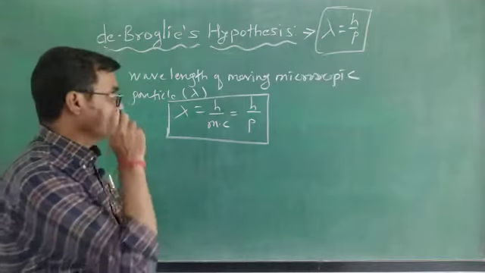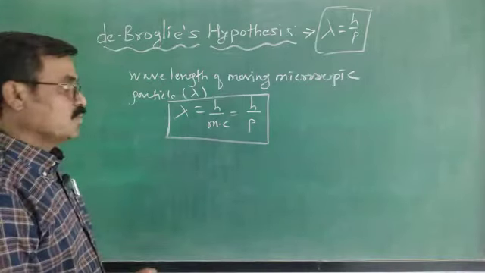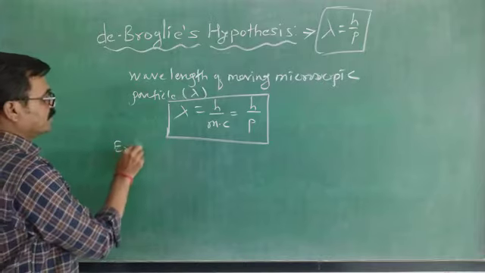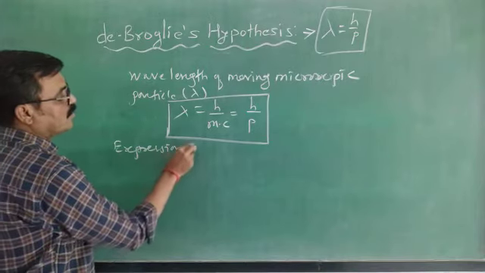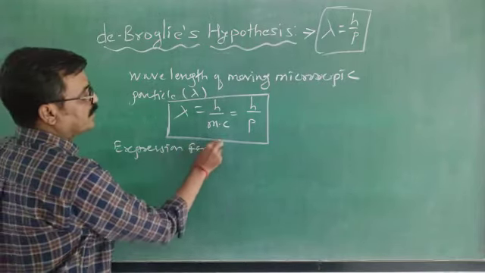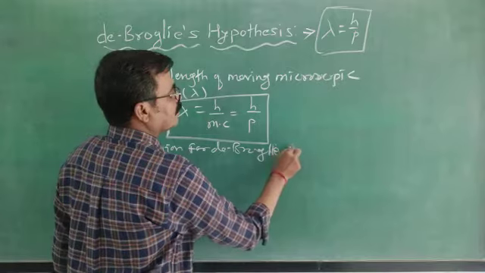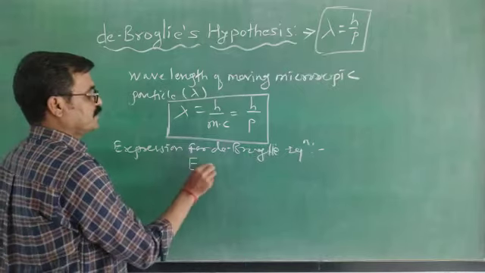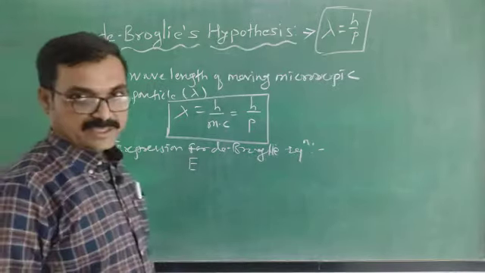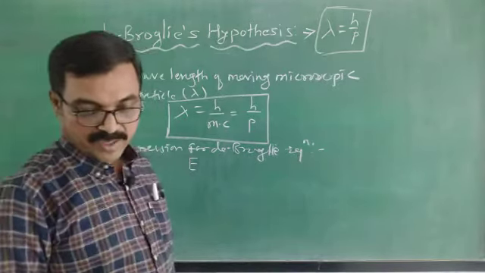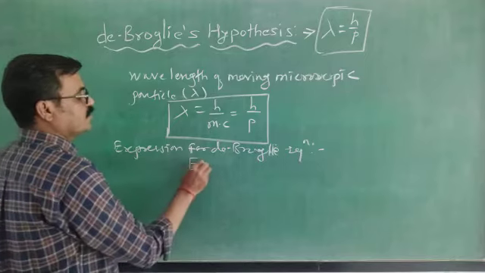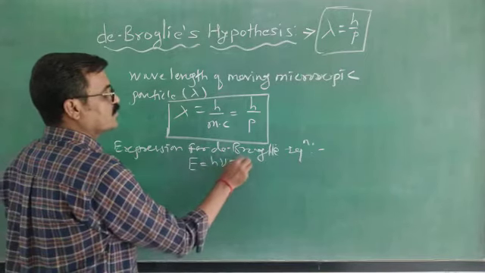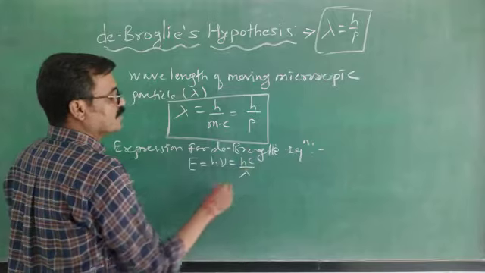Now, how is this expression derived? Expression for de Broglie's equation: according to Planck's quantum theory, the energy of a photon is given by E equals h nu, where nu equals c upon lambda.